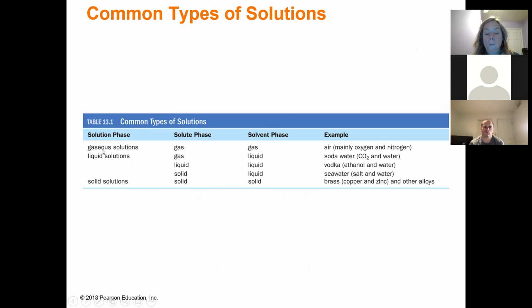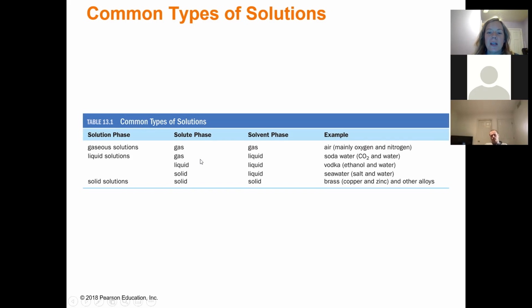So there are solutions that we call gaseous solutions, and this is a mixture of two or more gases. The air that we breathe is an example of a gas solution. There's an evenly mixed proportionality in the atmosphere of nitrogen, oxygen, argon, and some trace elements.